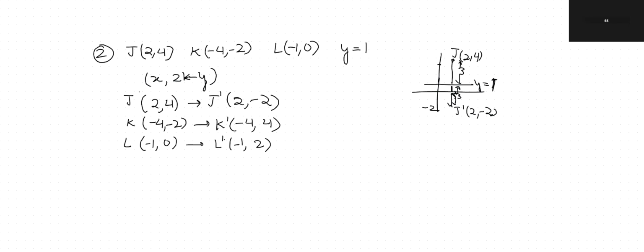So that distance is y minus 1. Okay. So in this case, suppose this is 2 and this is 4. So it becomes 3.